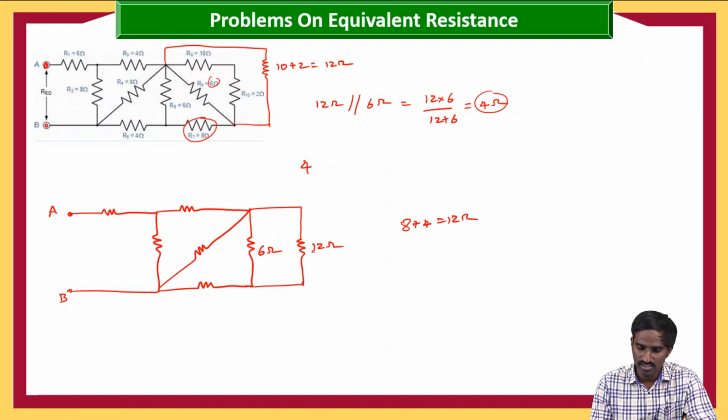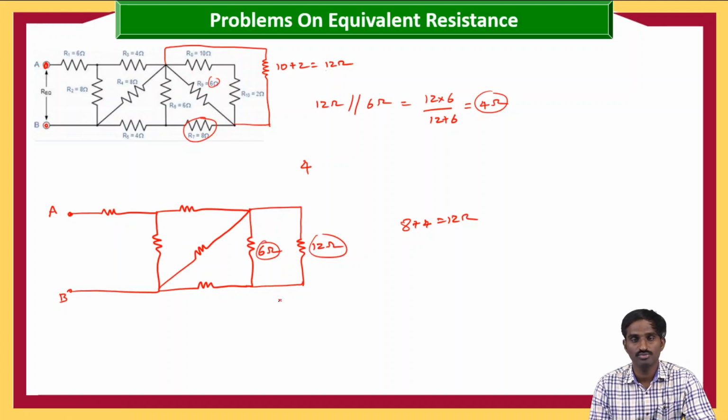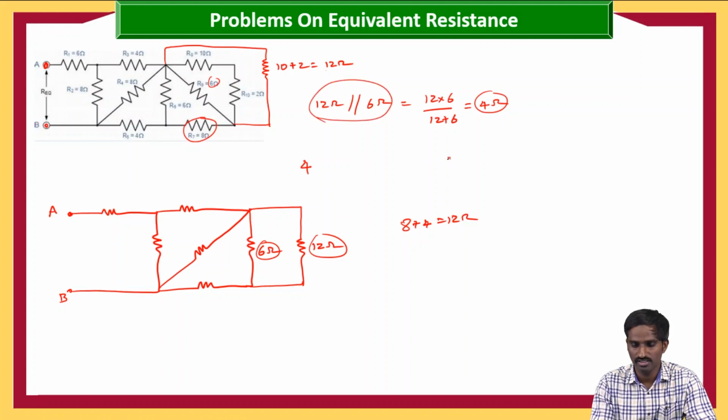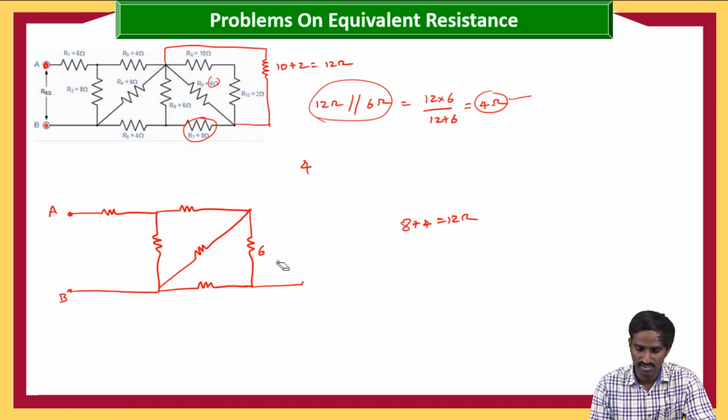And again, these 12 ohms and these 6 ohms are in parallel. Just now we have seen the 12 ohms and 6 ohms in parallel give an equivalent resistance of 4 ohms. Then we can replace this total circuit with the equivalent resistance of 4 ohms.